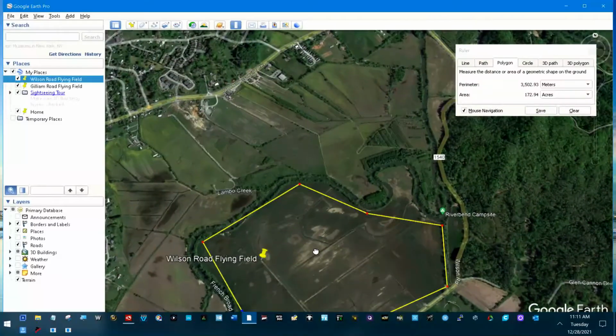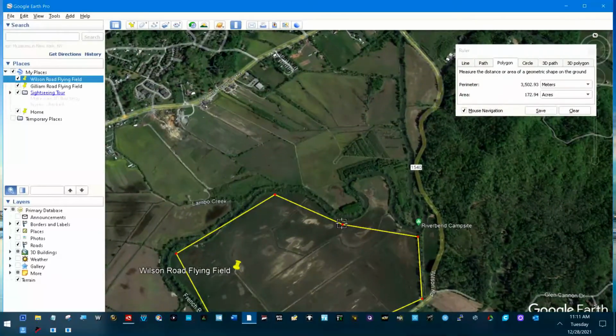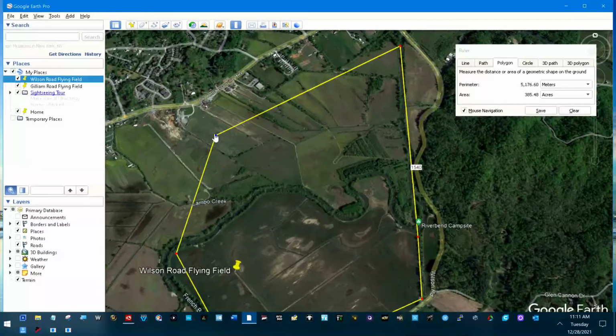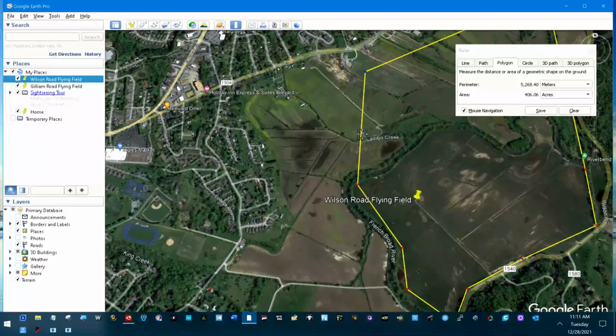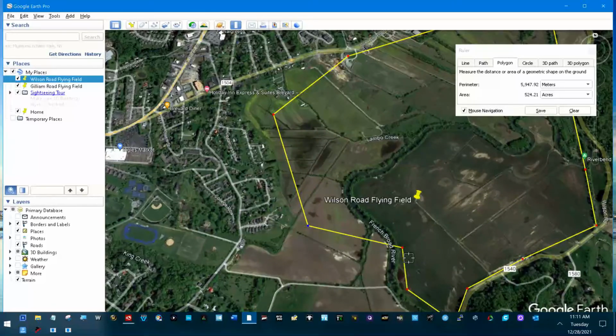And if I really pushed it, you could break this out like this and stay away from bothering people in houses. Oops, screwed that up, didn't I? And that's just a rough expansion. That's 536 acres.